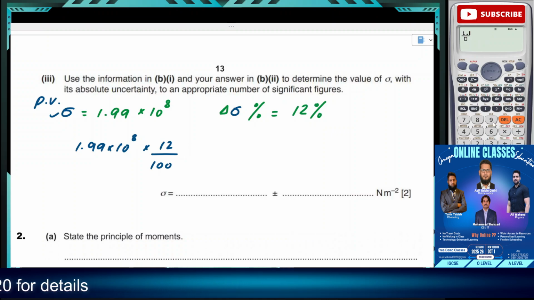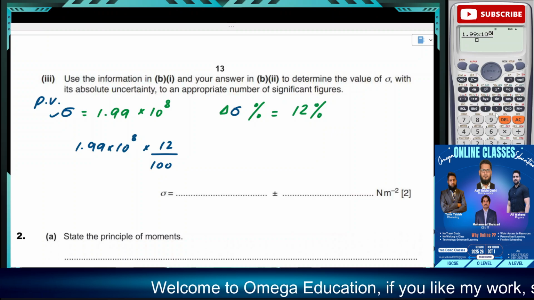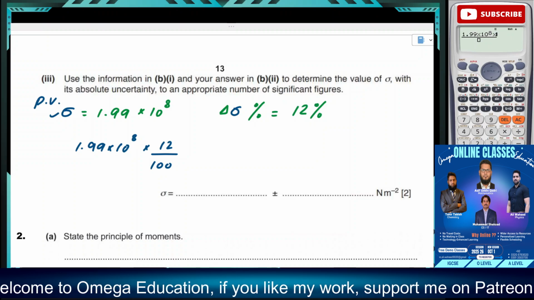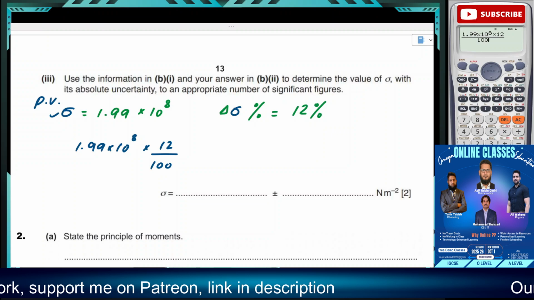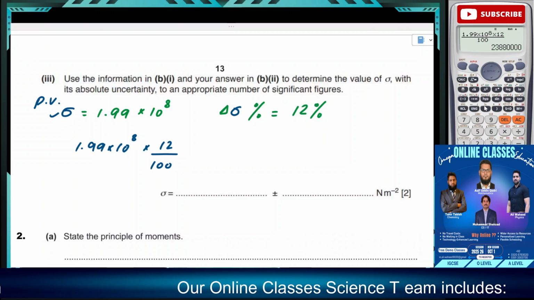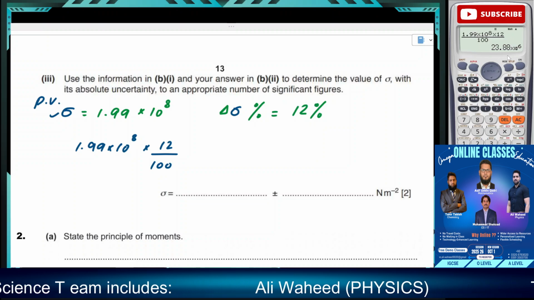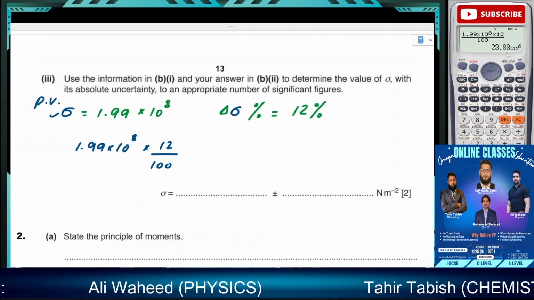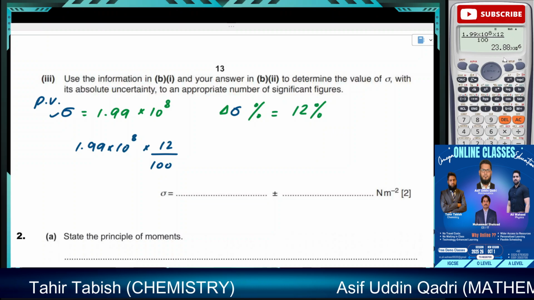Hit the fraction, 1.99 into 10 raised power 8, whatever the answer is, times 12, divided by 100. So what I get is 2.388 into 10 raised power 6.